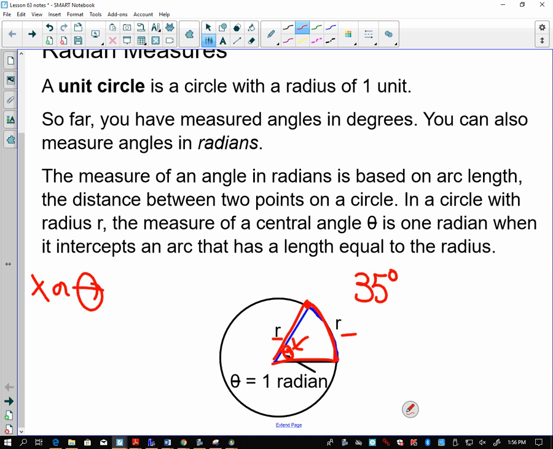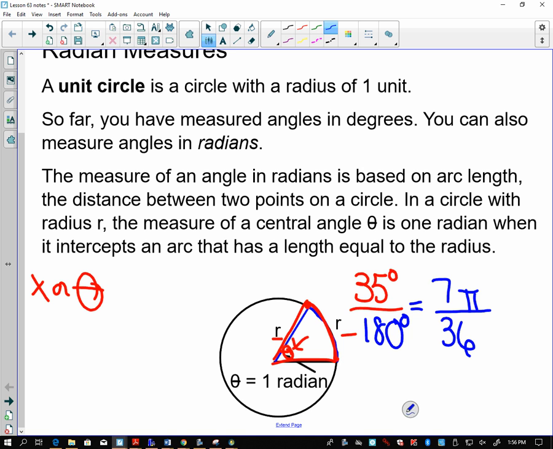And how I turn a degree into a radian is I divide by 180 and get the fraction. What is 35 divided by 180 as a fraction? 7 over 36. So the radian form of 35 degrees is 7 pi over 36.